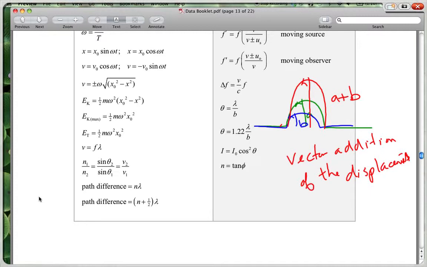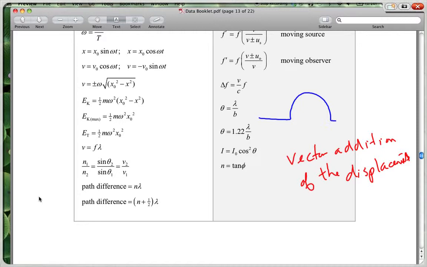If this B over here was in the other direction, say if you had something like this, you've got your one like that, and you've got your other doing this, and if that is A and that is B, then you're again going to have your vector addition of A plus B, but because the one will be positive and the one will be negative, it will lead to a graph that would look something like that between the two, a combination.